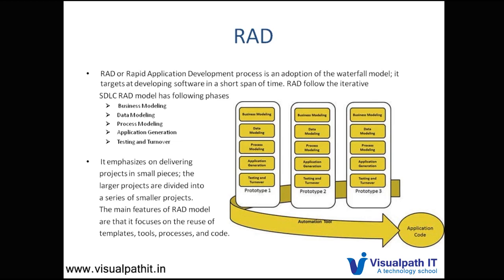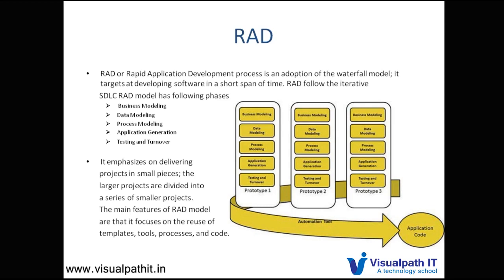Here we have different phases: business modeling, data modeling, process modeling, application generation, and testing. Before business modeling, first of all, we communicate with the client and get the requirement, and then comes the planning, the designing part, then the modeling, then the construction.